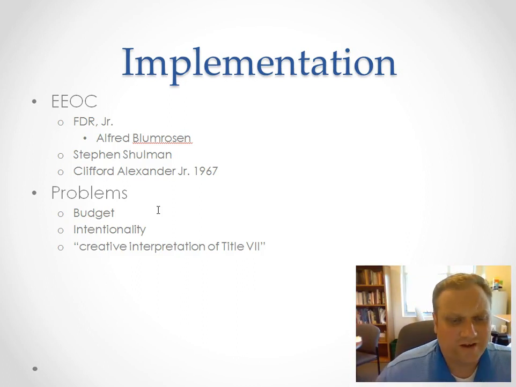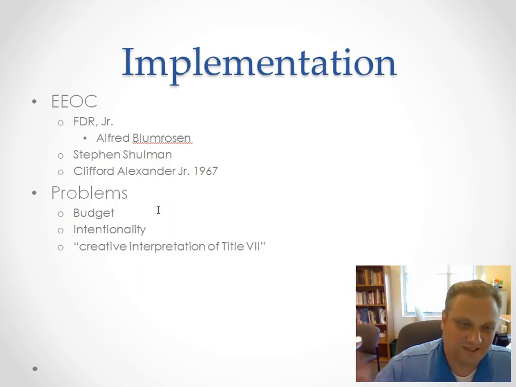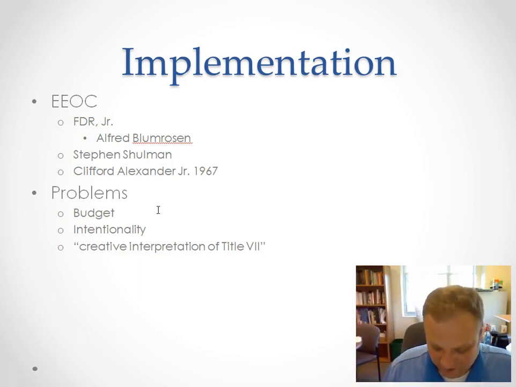So one way of making sure, if you're a Southern Democrat, of preventing this bill from really having teeth is you take the bureaucracy intended to support it and you cut its budget, which means it doesn't have enough staff, it doesn't have the resources it needs to fully enforce the law. So you negatively affect its ability to carry out its mission.